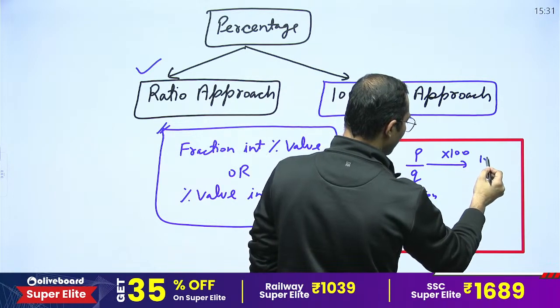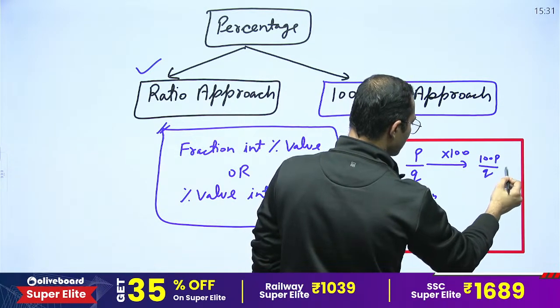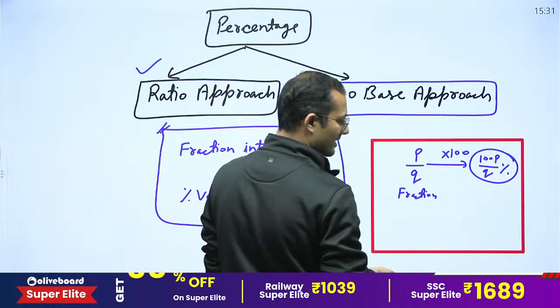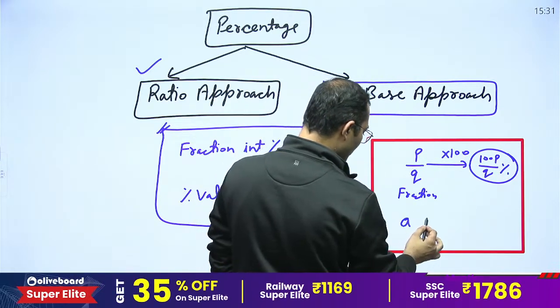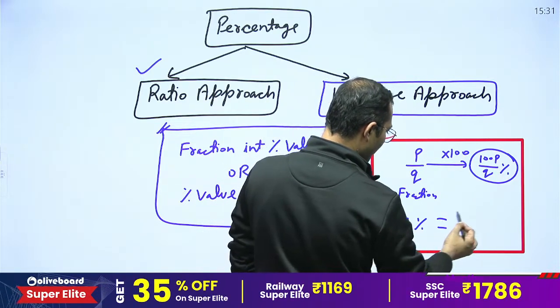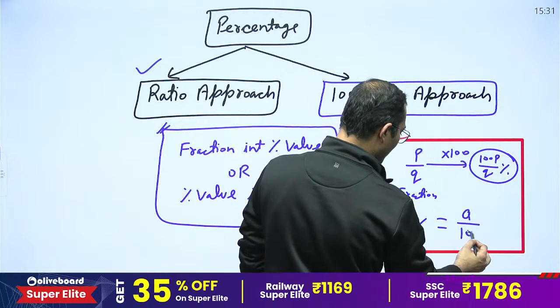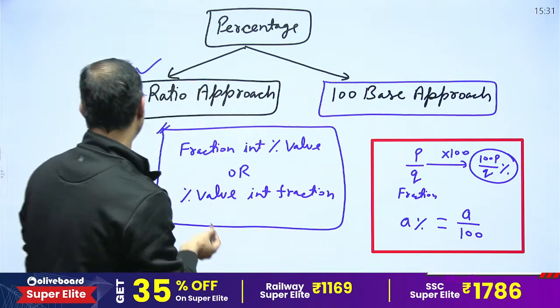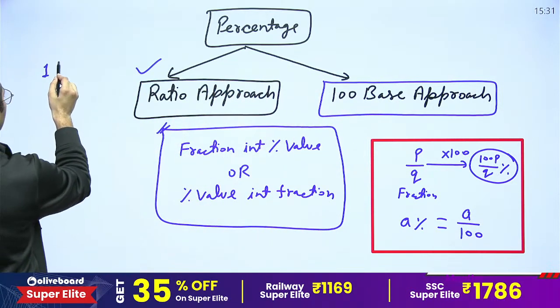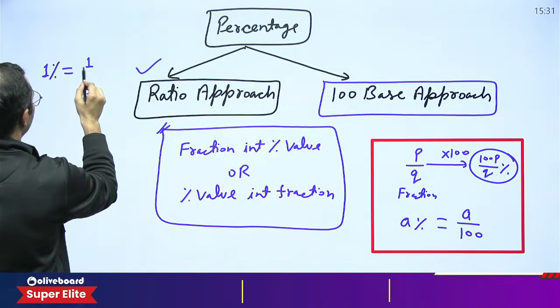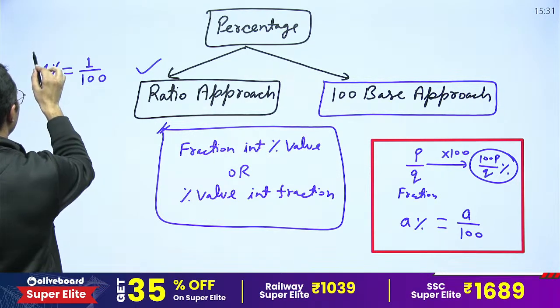So we will get 100p upon q. So automatically we will get the percentage sign, right? If we have to remove the percentage, it means we can write it as a upon 100, right? Because the numerical value of 1% is equal to 1 upon 100.